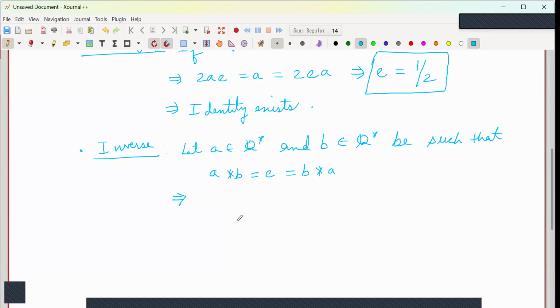No, 1 by 2A. Okay. So this is 2AB equals 1 by 2, and this is 2BA. So that implies B should be 1 by 4A, right?